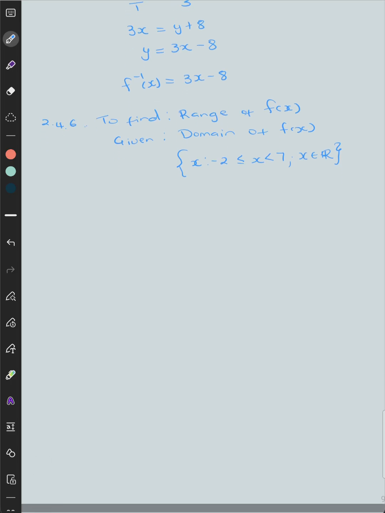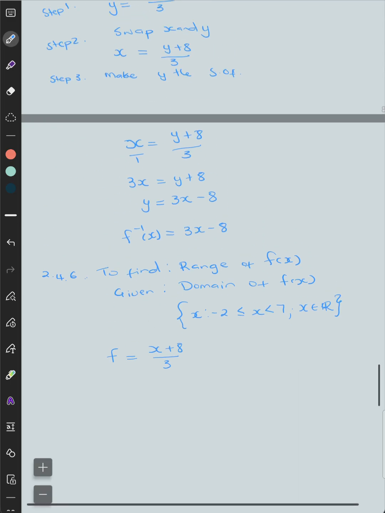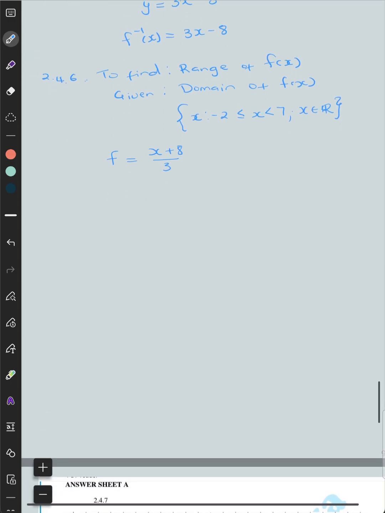So what are we going to do here? We are going to use the domain of f of x to find the range by substituting the domain into the equation. So the equation is f of x equals x plus 8 over 3. Am I correct? Yes, I am.